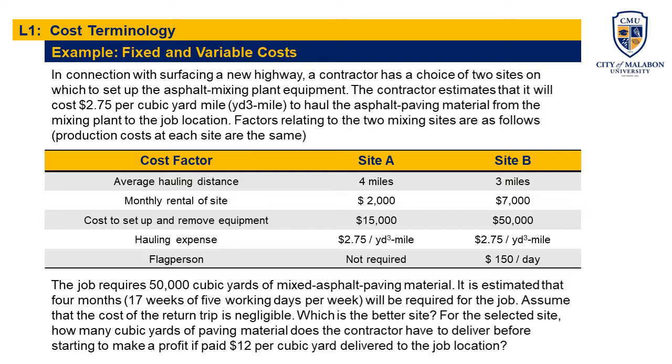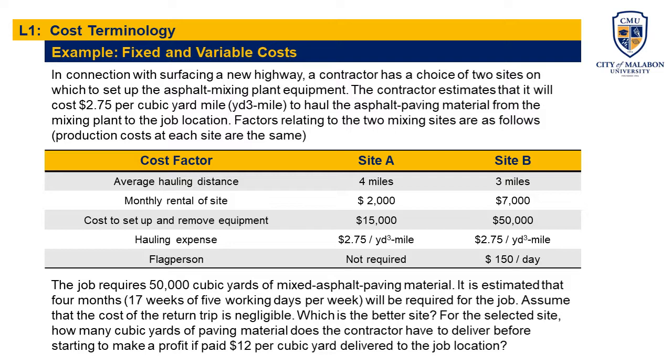The monthly rental of site A is only $2,000 per month, whereas site B is $7,000 per month. The cost to set up and remove the equipment for site A is $15,000, while for site B it is $50,000.